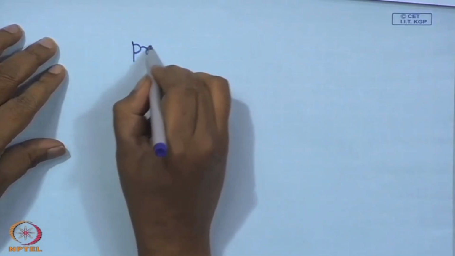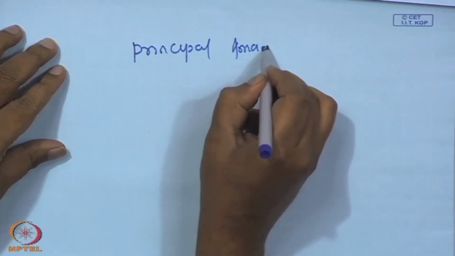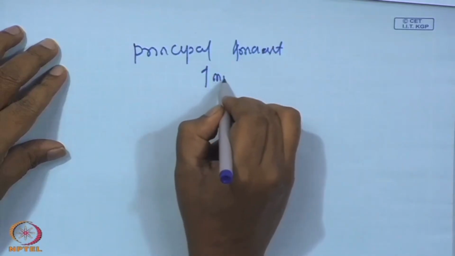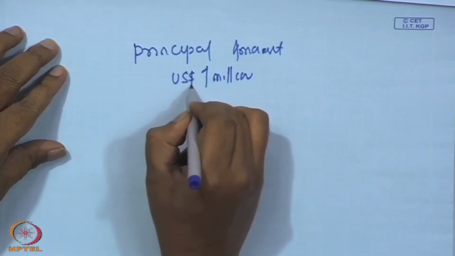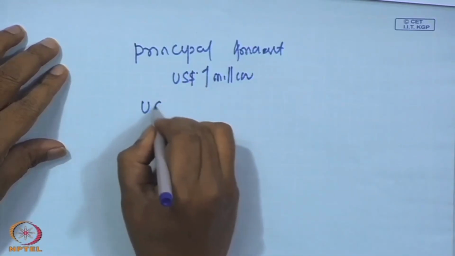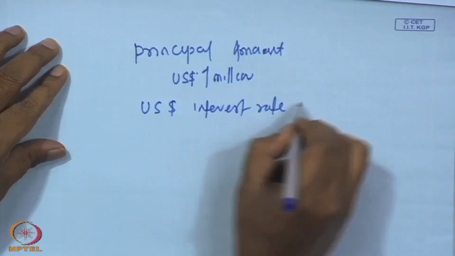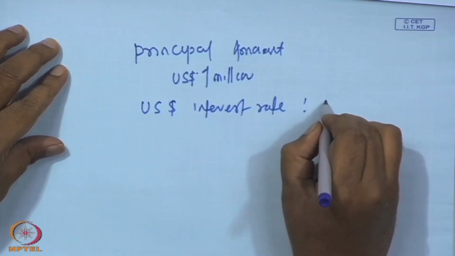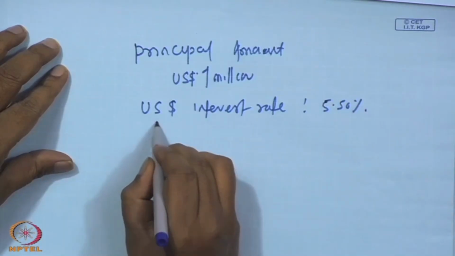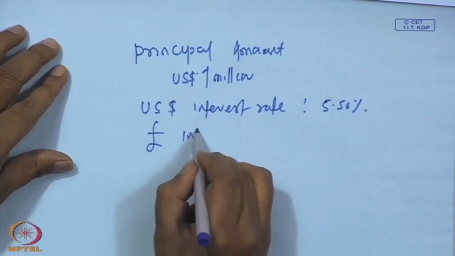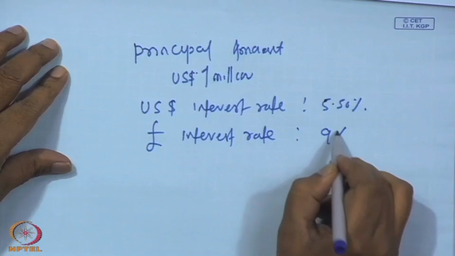The principal amount is 1 million US dollar. The US dollar interest rate is 5.50% and the pound sterling interest rate is 9%.